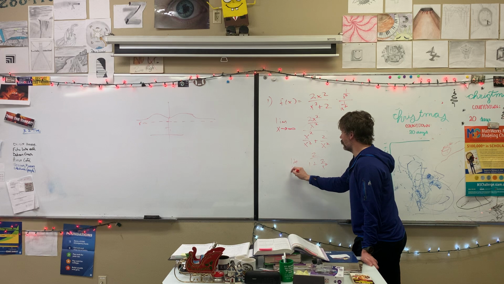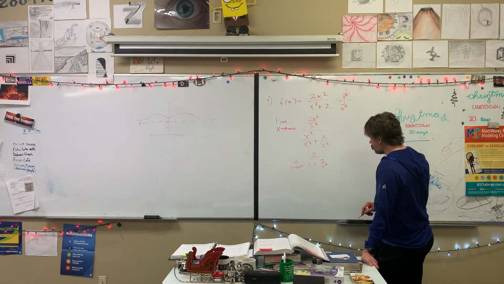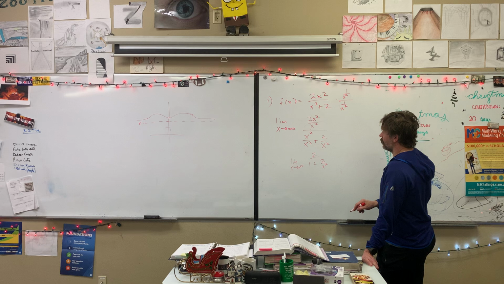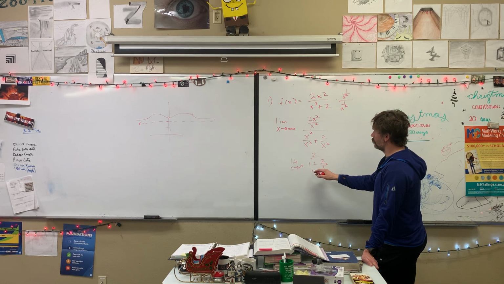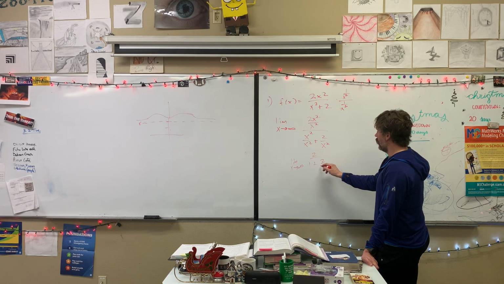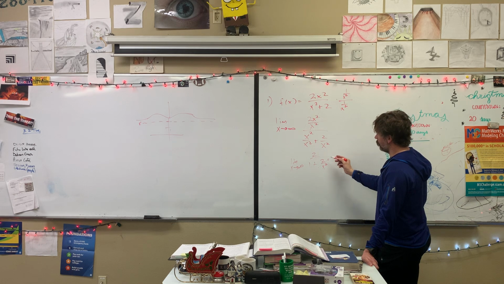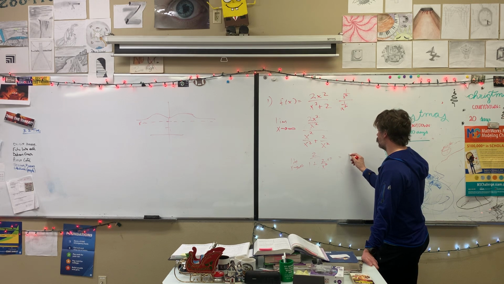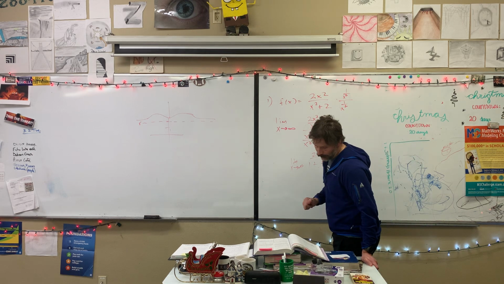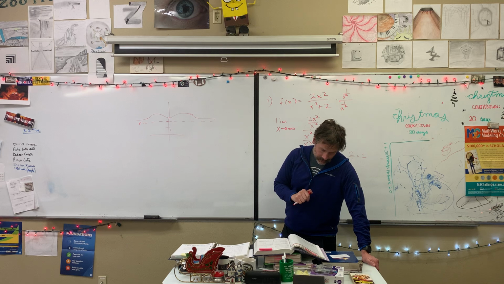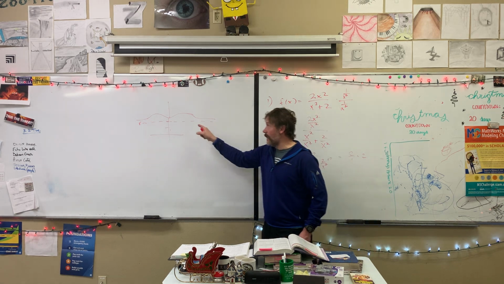And this is the limit as x goes to infinity. 2 is a constant, so it stays, 1 is a constant, so it stays, and then for 2 over x squared we take the limit: 2 over infinity goes to 0. And so the limit as x goes to infinity would be 2 over 1, which is just 2. We say, okay, that matches A because the limit is 2.